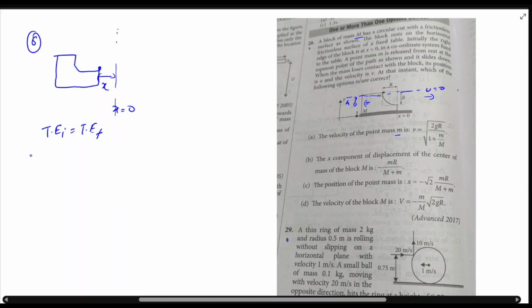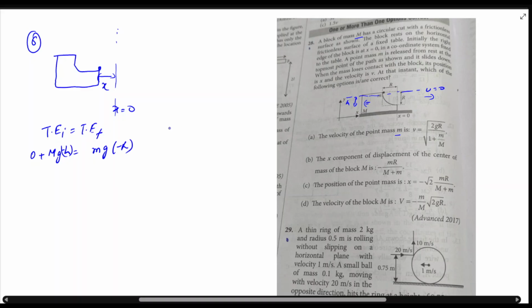So we have 0 plus Mgh equals, since this particle has moved downward by a distance r, small m g (h minus r).